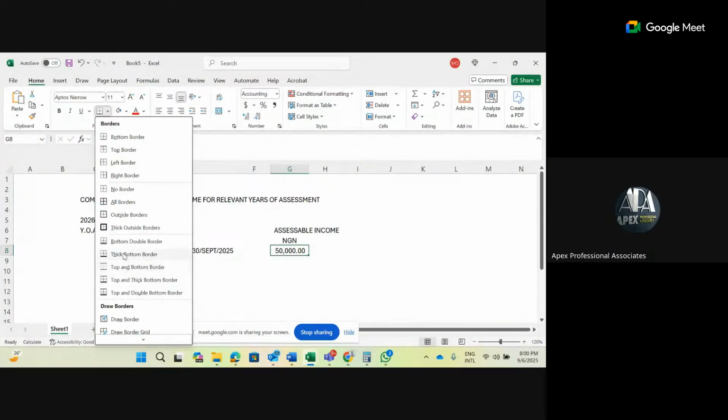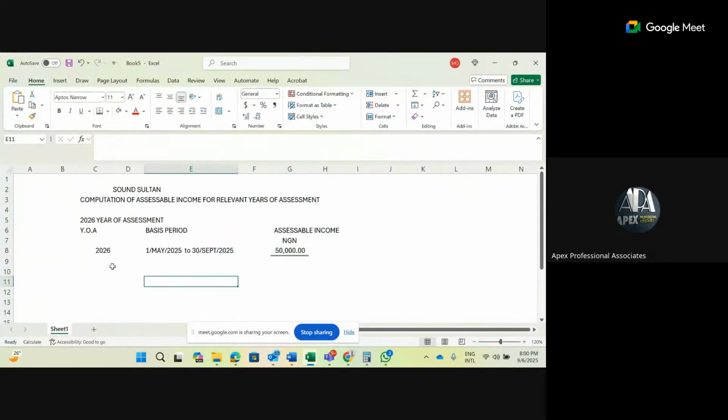The next year, we are going to show for 2027 year of assessment. What is going to be the basis period?